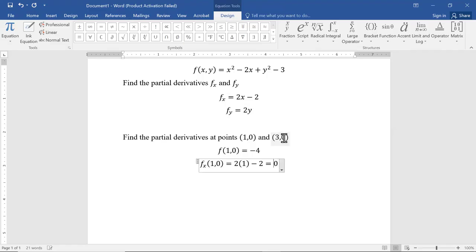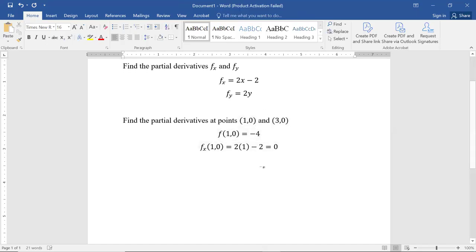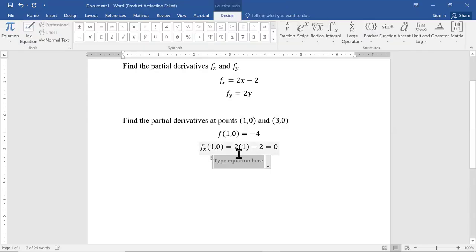So when I plug in (1, 0) into my f sub x, I get 0. If I plug in (1, 0) in my f sub y, well, f sub y is 2 times y. 2 times the y value is 2 times 0, which is 0.